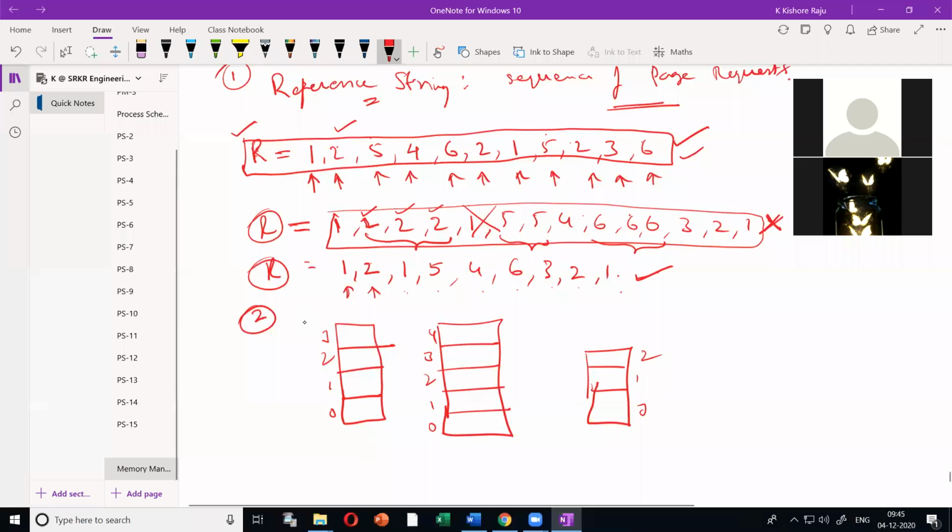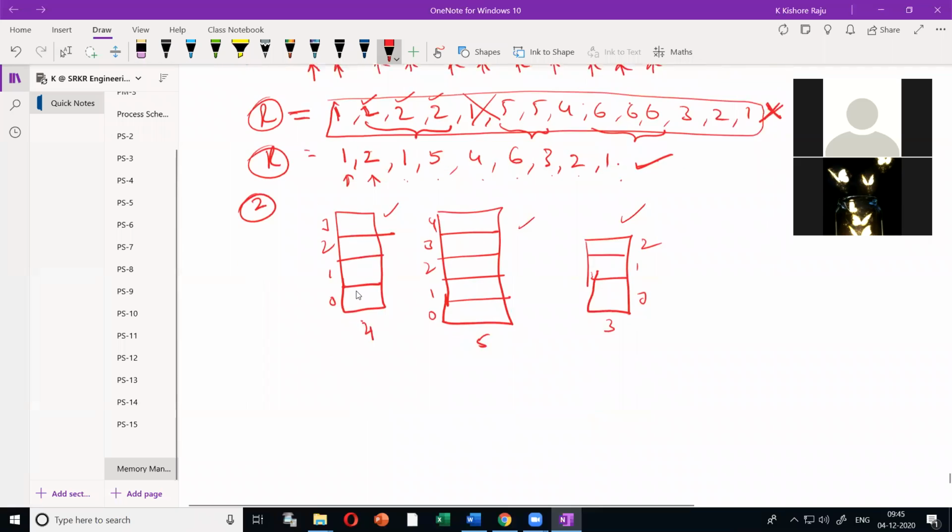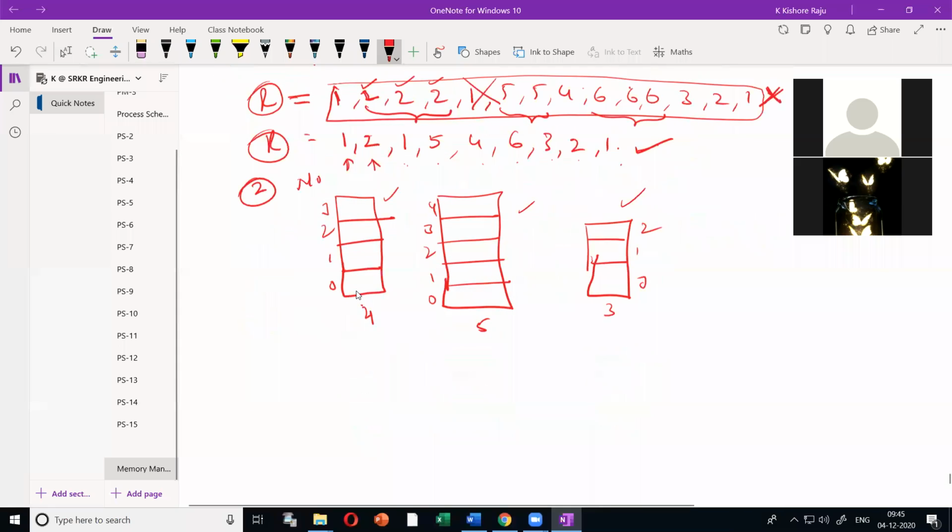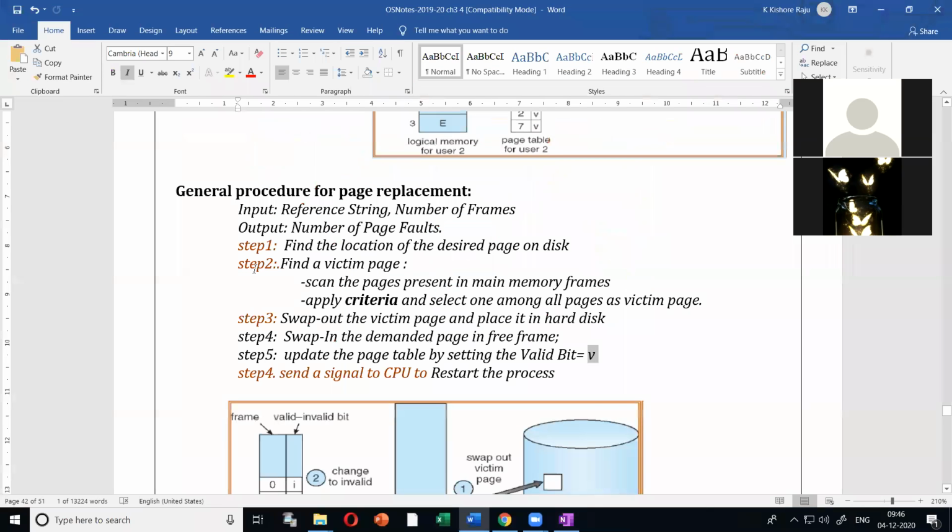You may use the 4 frames case, or 5 frames case, or 3 frames case. Either you have to use 4 or 5 or 3 to fulfill these requests. This is called the number of frames available. Is it clear?